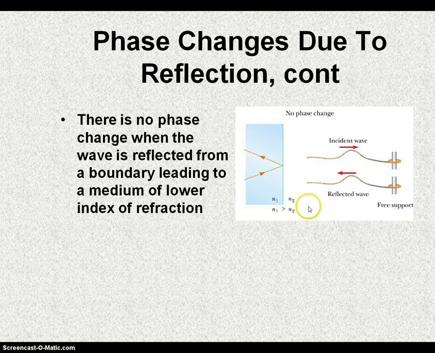In terms of light, this happens when light strikes an interface between a medium that has a greater index of refraction to one that has a lower index of refraction. So if you're going from a more dense to a less dense medium, then we don't see a phase change, and the wave reflects back the same way as it encountered the medium.